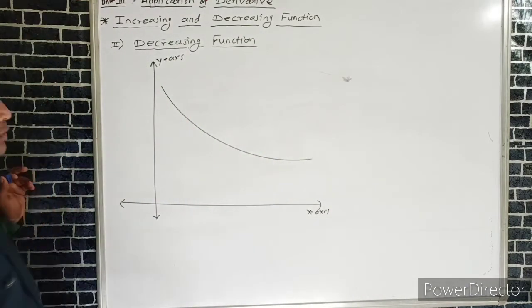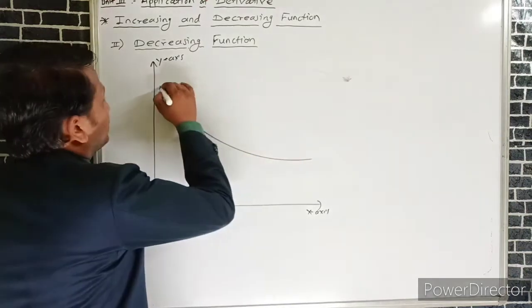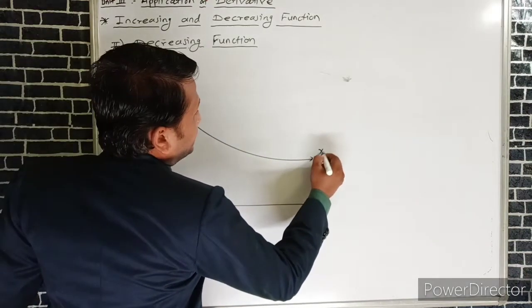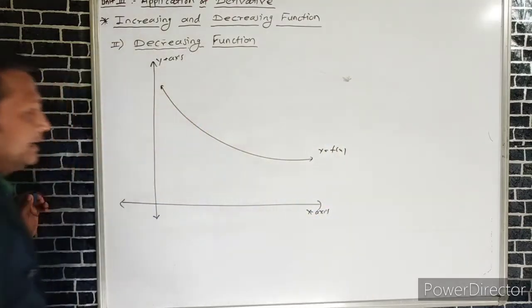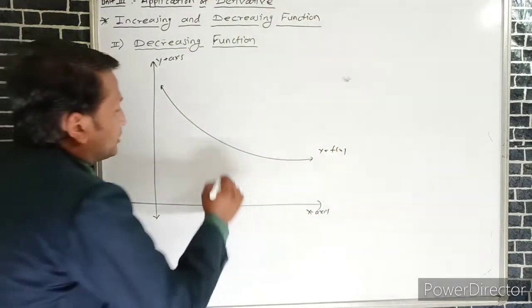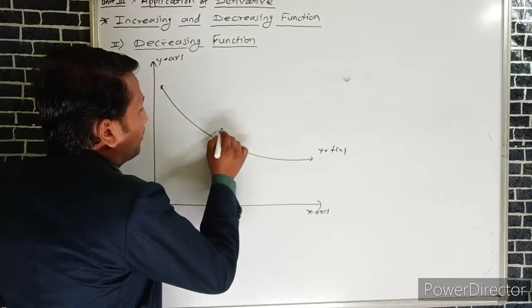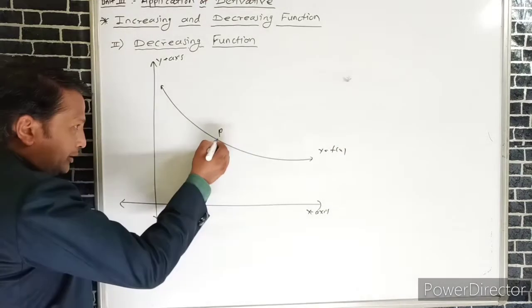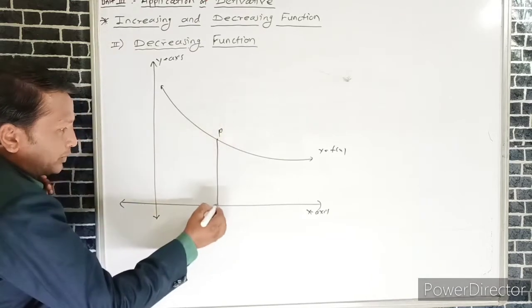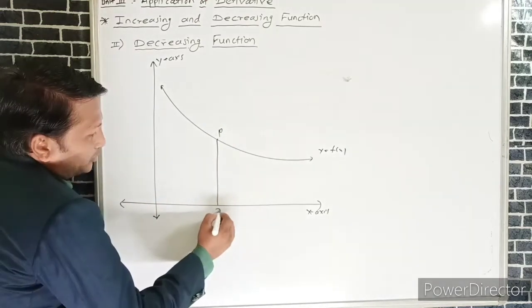On the given curve y equals f of x, the point P lies on the curve at the fixed point x equals a.